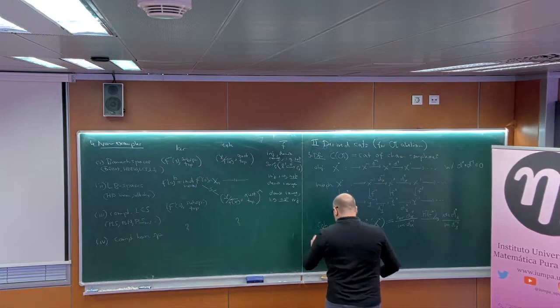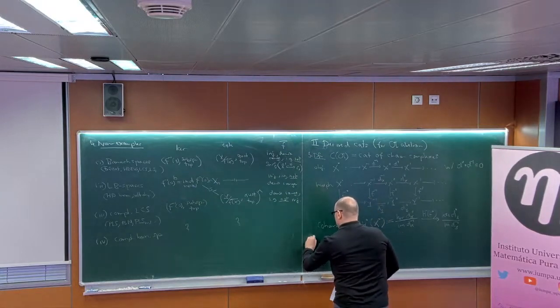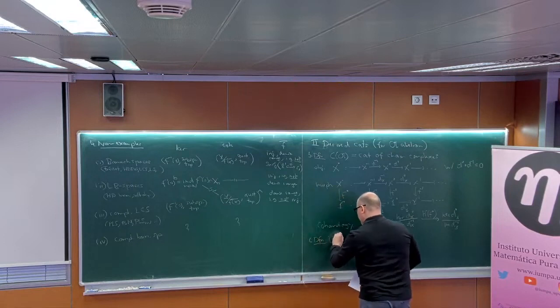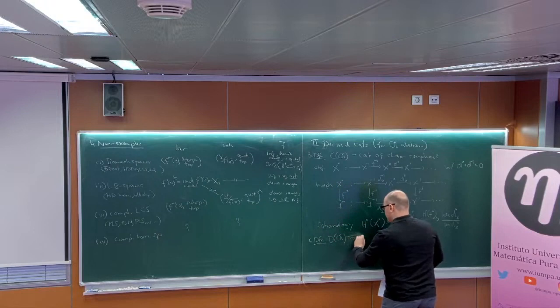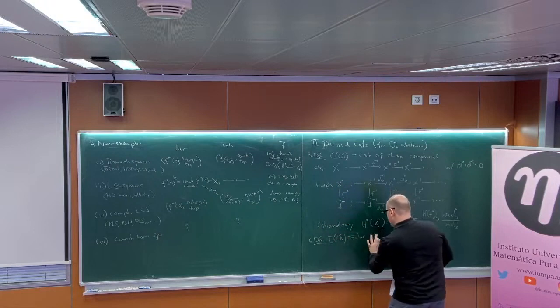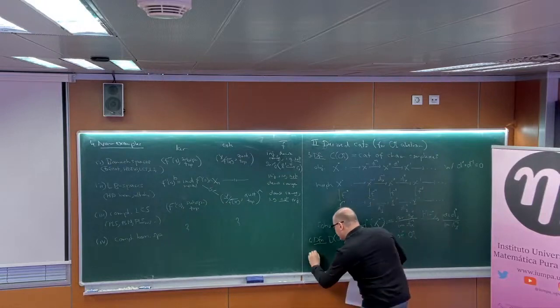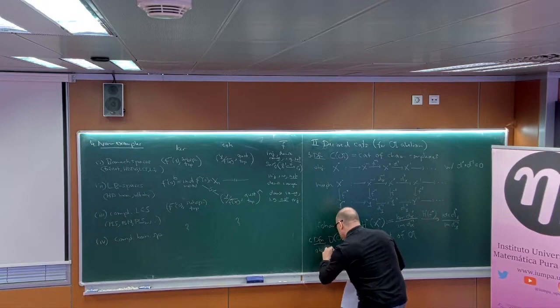Okay, and now comes the definition of the derived category. So that's D of A, the derived category of A, and that's a bit disappointing.